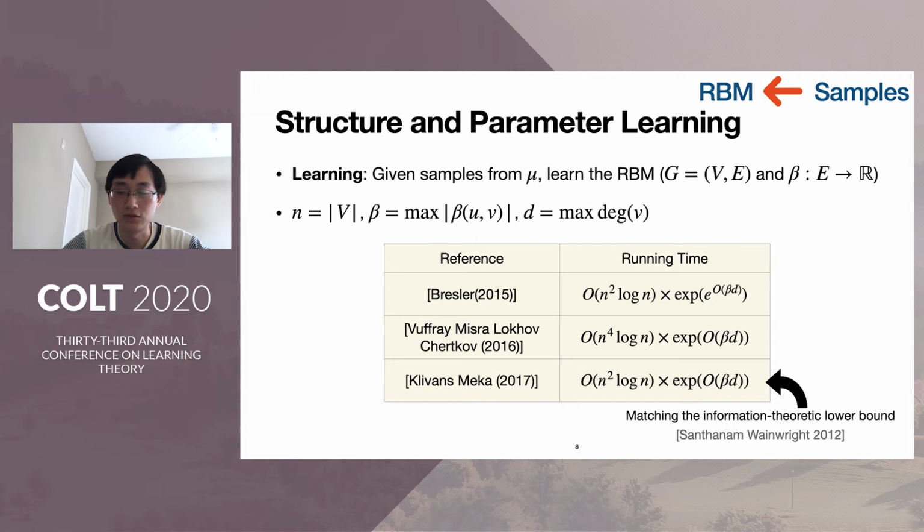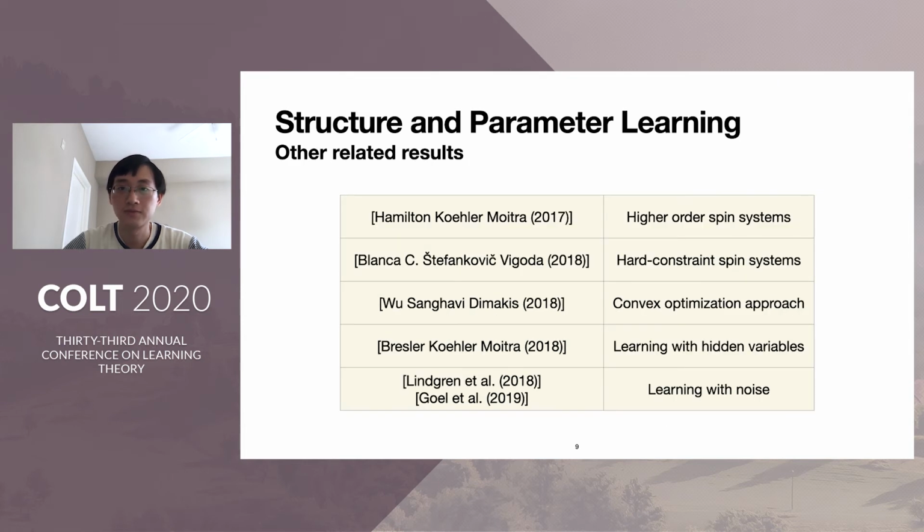And finally, in 2017, Klivans and Meka gave the n squared log n and e to the beta d running time algorithm, which is optimal and matches the information theoretic lower bound. And afterwards, there's also a bunch of other learning results, which either extend to other more general spin systems or consider different scenarios of learning problems.